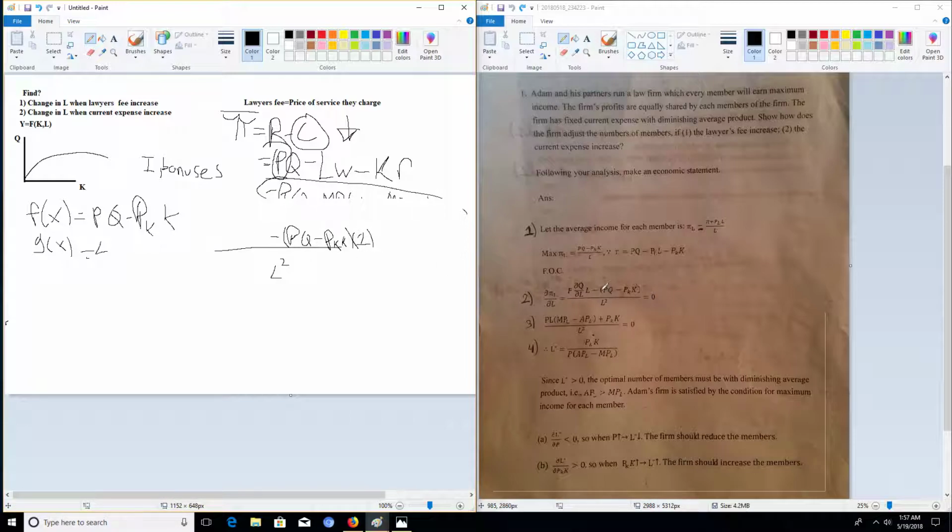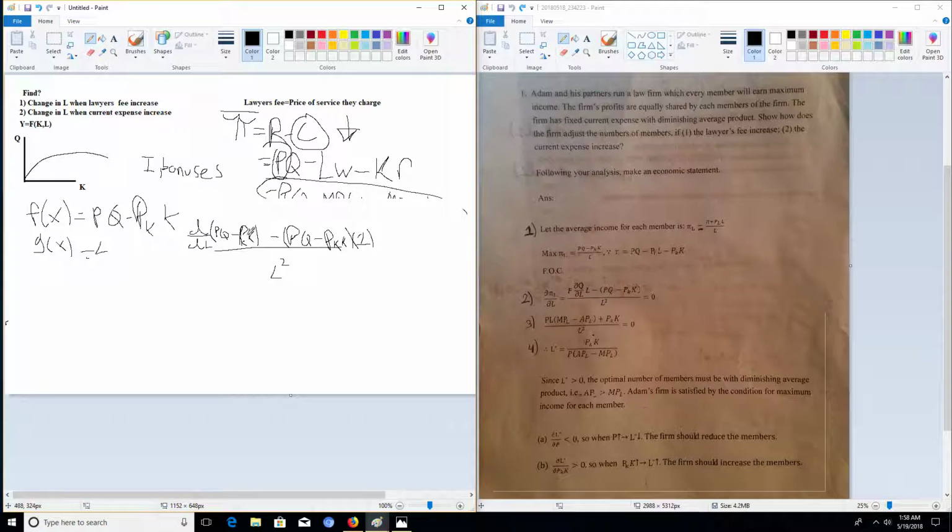The confusing part is what he does over here on the right side. You would think it's simply, well, it is, dl of p q minus p sub k times k.